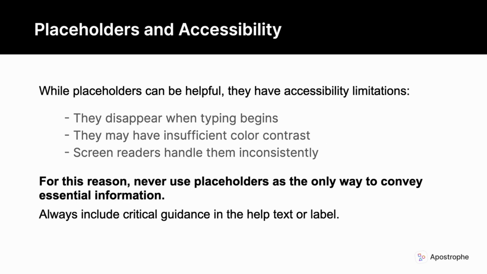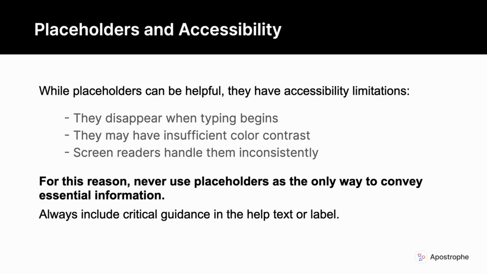Now let's add placeholder text, but first, some important caveats. Placeholders have accessibility limitations you need to know about. They disappear when typing begins, so essential information can get lost. They may have insufficient color contrast, making it hard for some users to see. And screen readers handle them inconsistently, so they're not reliable for assistive technology.